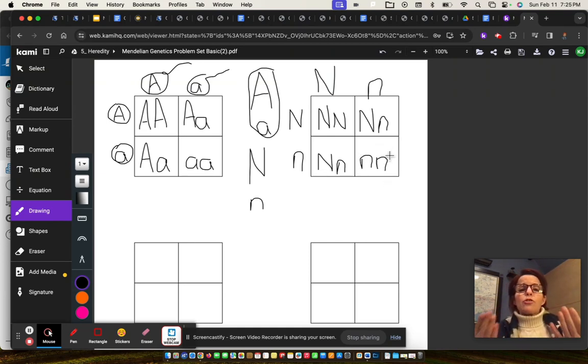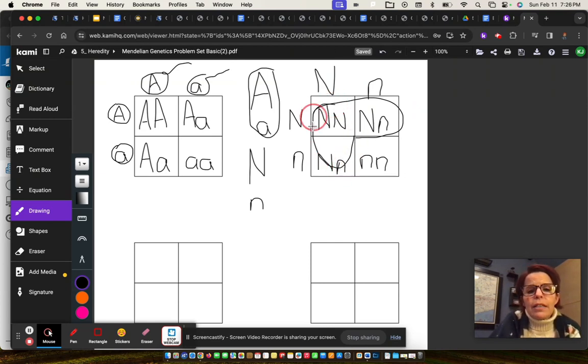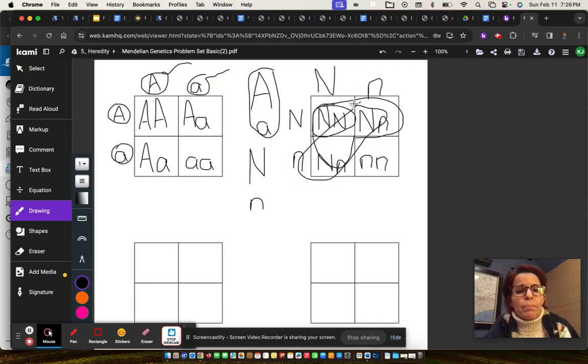So we would say 25% get cystic fibrosis, and 75%, these guys here, never get cystic fibrosis. Now, these individuals here can never pass the gene on to their offspring, but these two children, represented by these two boxes, are carriers like their parents.